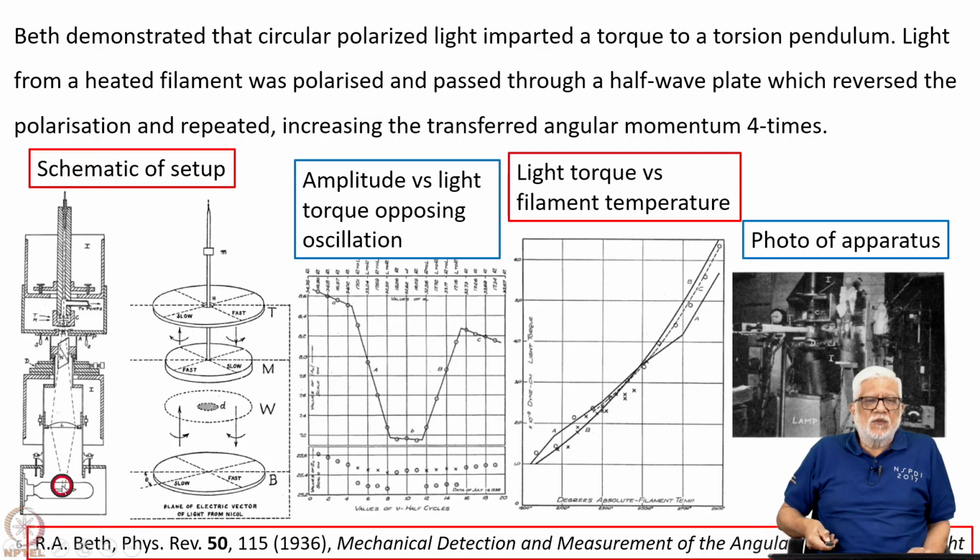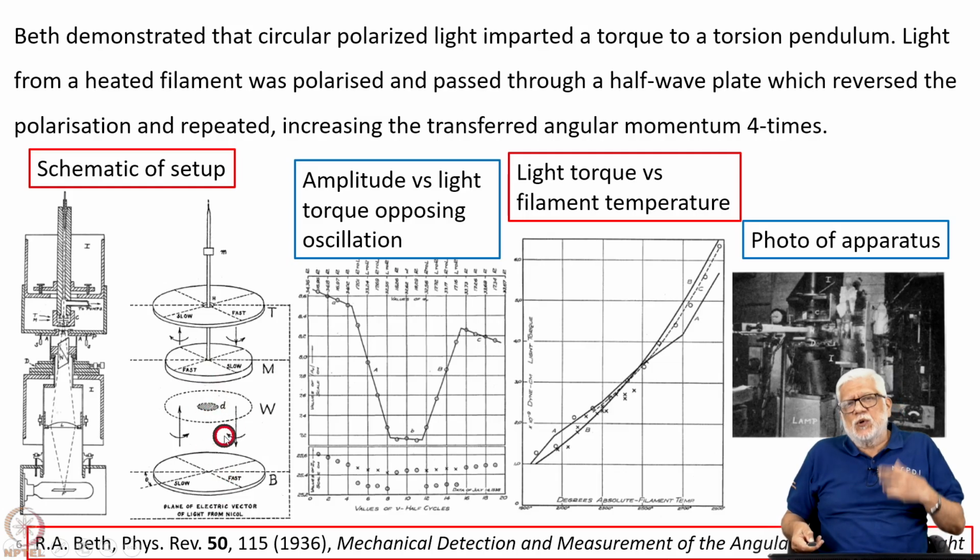You have light which is circularly polarized, passing through a half wave plate, and then it interacts with a plate here, to which it transfers angular momentum. When it comes back it reverses the polarization, and this can be done a couple of times, so that you get an effect which is 4 times that in which it was just absorbed.